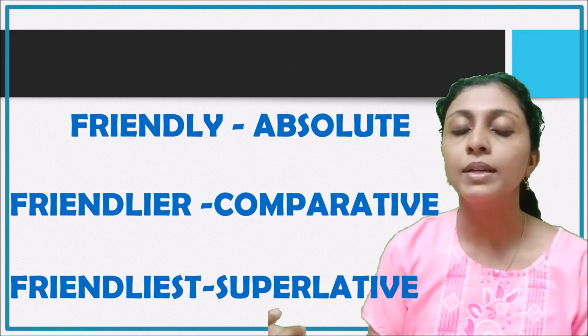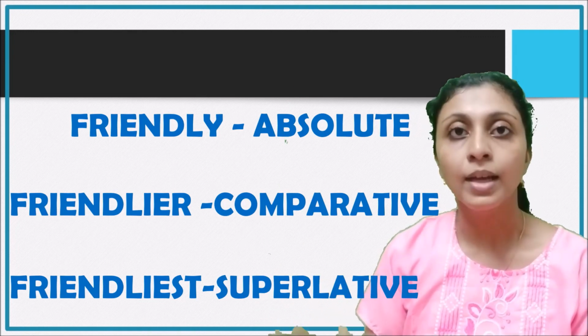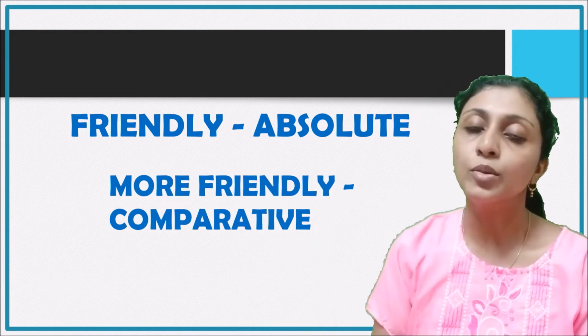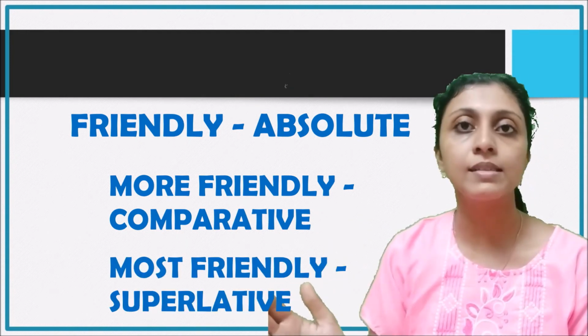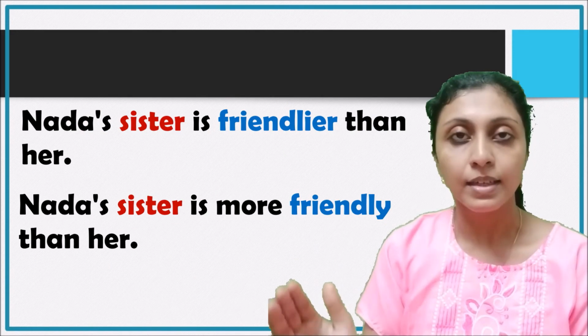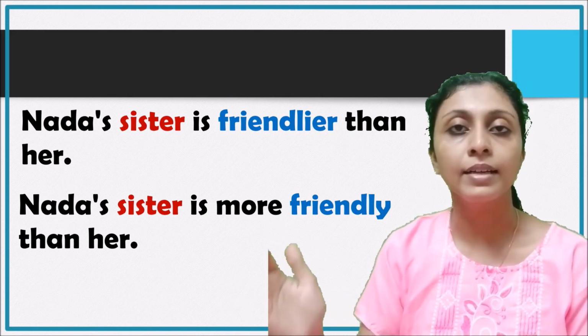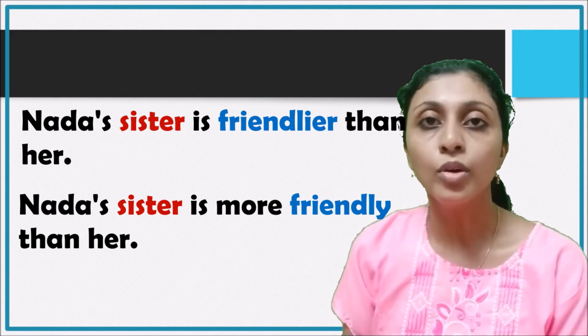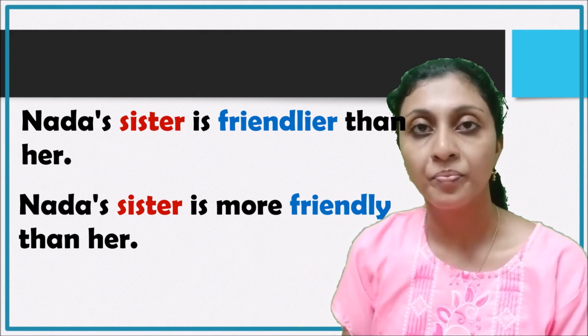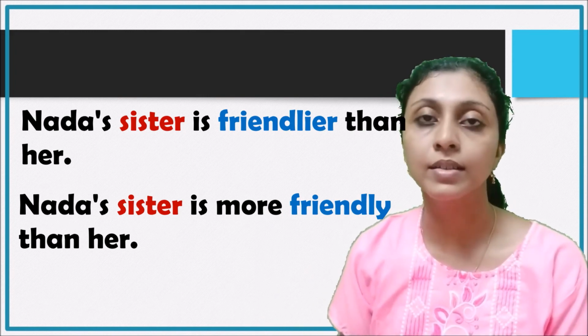But in the comparative form, you can also say more friendly. In the superlative form, you can say most friendly. Both these cases are correct. Nada's sister is friendlier than her. Or you can say Nada's sister is more friendly than her. So these two cases are correct.